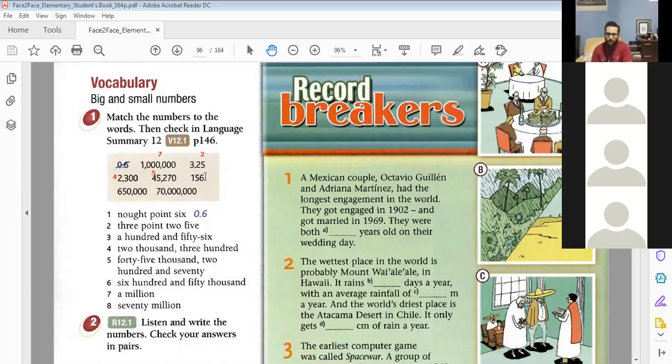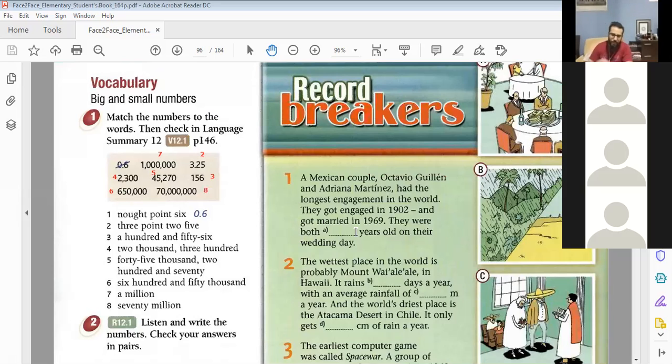What about this number? 103. Yeah, 156. So this is number 3. This number? Number 6. Correct. 650,000. And the last one, of course, is number 8. 70 million. Yes. So these are the numbers.